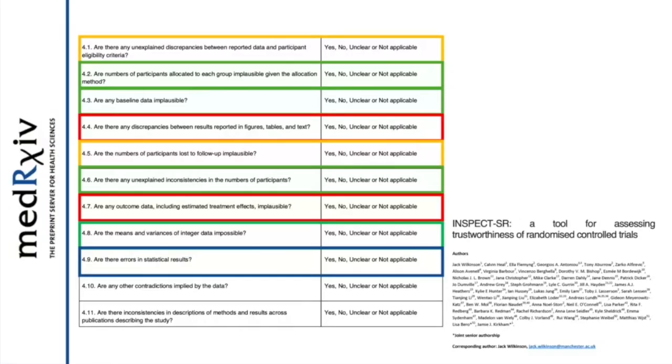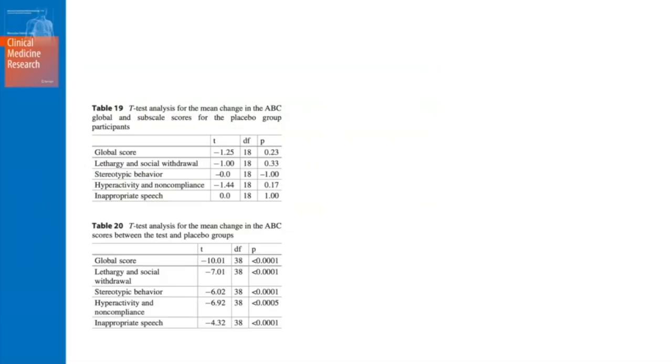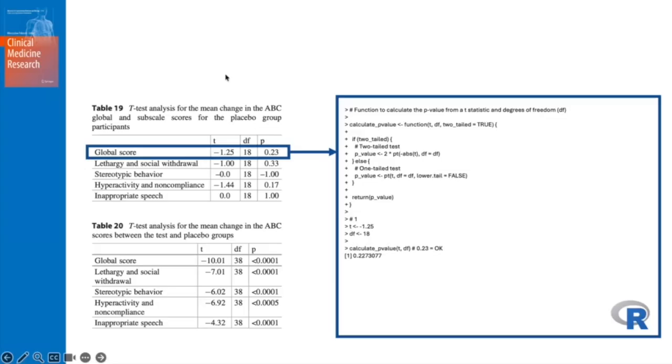Now, next step. Are there errors in statistical results? Here you have to inspect the statistical results of the study a little more. This is pretty easy in this case because they provide the t, the degrees of freedom, and the p-value, so you can easily write an R script.